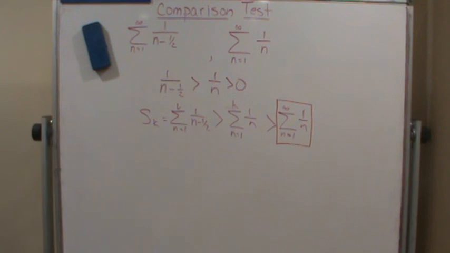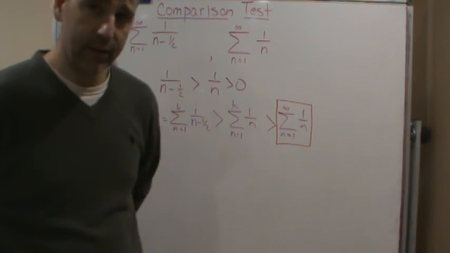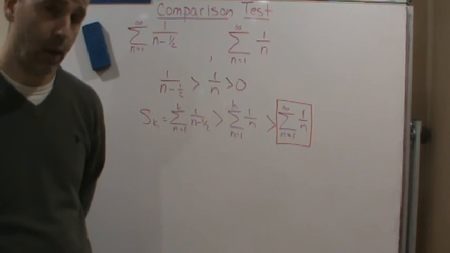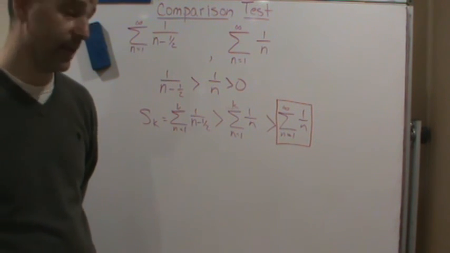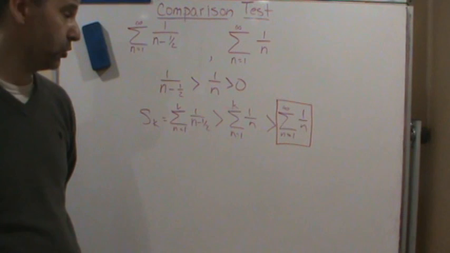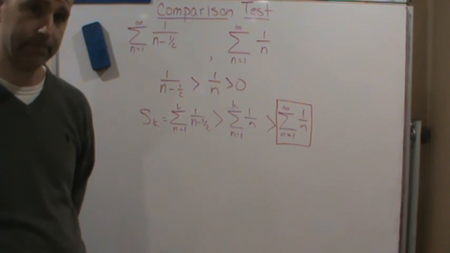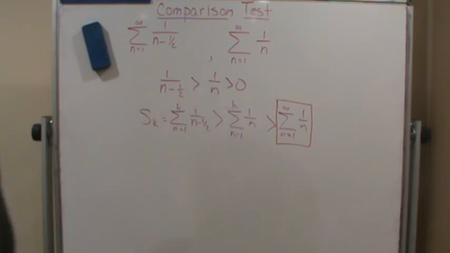And that's it. Now we're going to dive into this a little bit further and show you how and why this works, and we'll do some more examples. We'll get into the comparison theorem in detail. Have a great day.